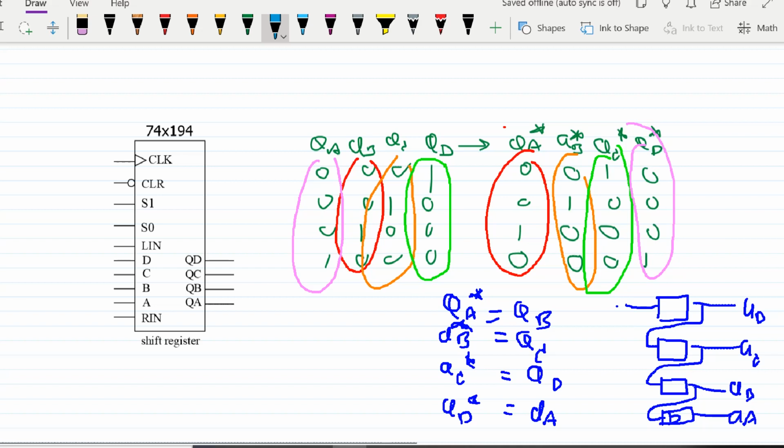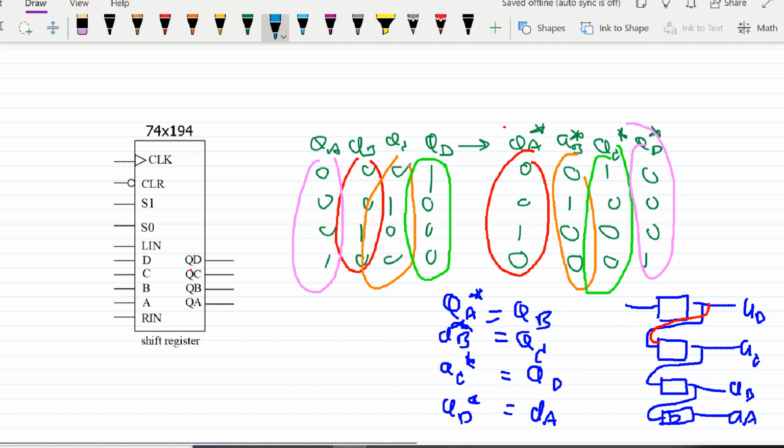And note here, actually, if you use this IC 194, you can see that before it's shift, right? Shift from QD to QC.